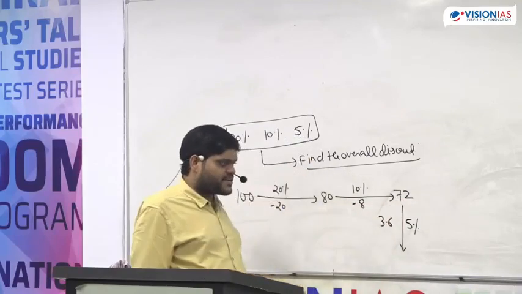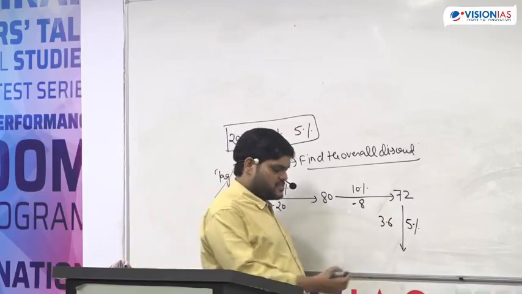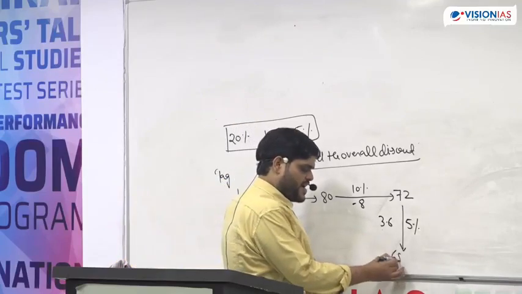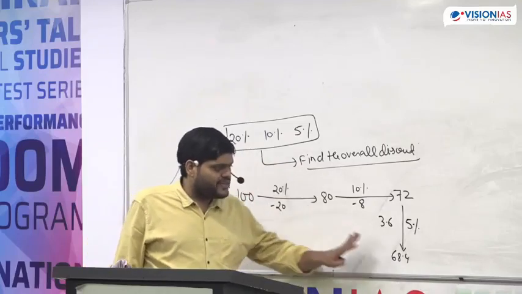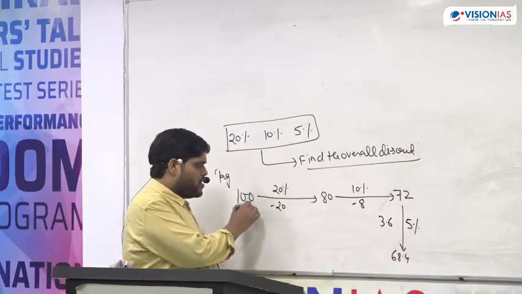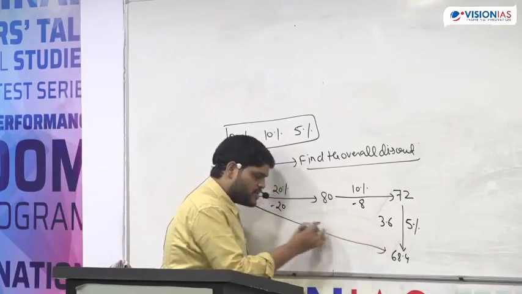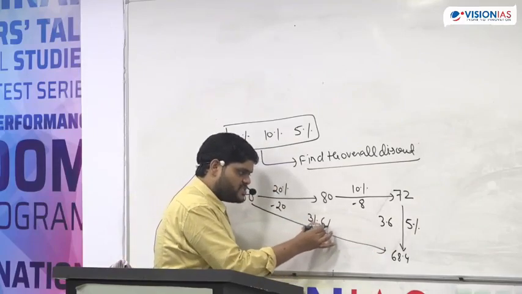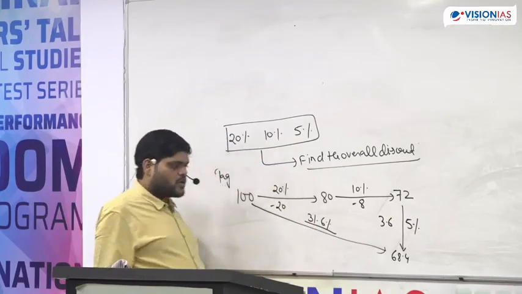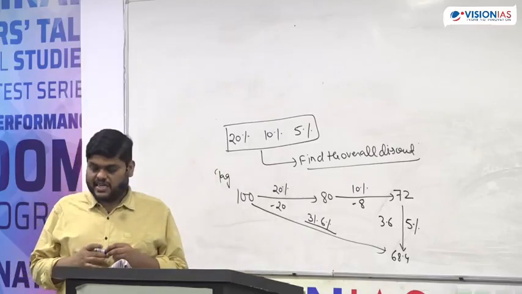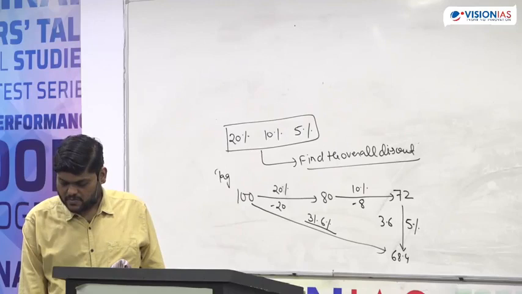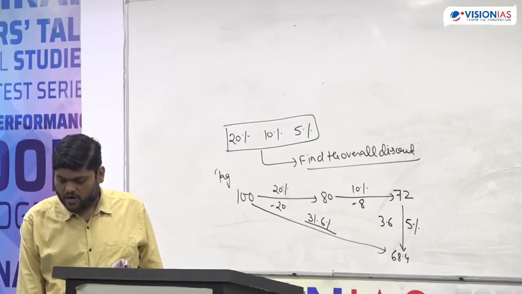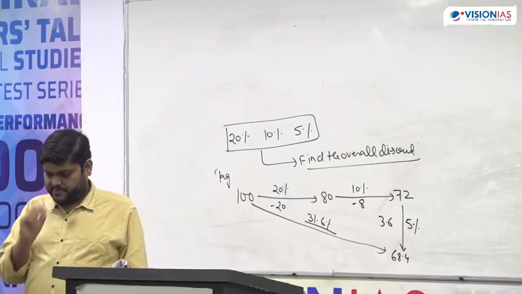If I subtract 3.6, this becomes 68.4. So the value was 100, now the value becomes 68.4. So the overall discount becomes 31.6%.